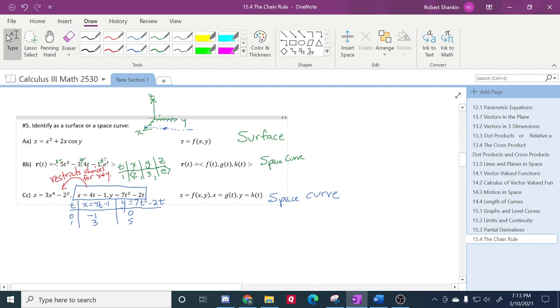This is now the C with respect to T and D, but each of these, T and D, are functions of time. And this is actually now a space curve, not a surface anymore.